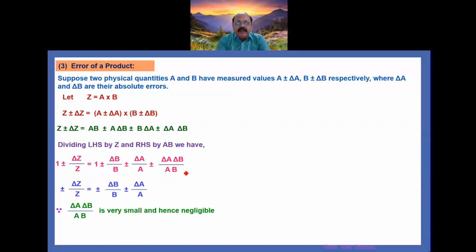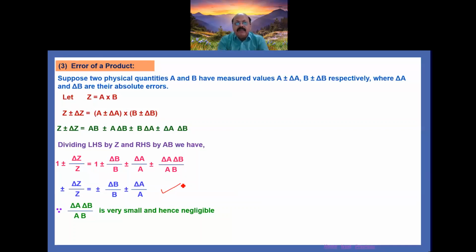So you will get plus minus delta Z upon Z equal to plus minus delta B upon B plus minus delta A upon A. Rearrange it, you will get plus minus delta Z upon Z equal to plus minus delta A upon A plus minus delta B upon B.